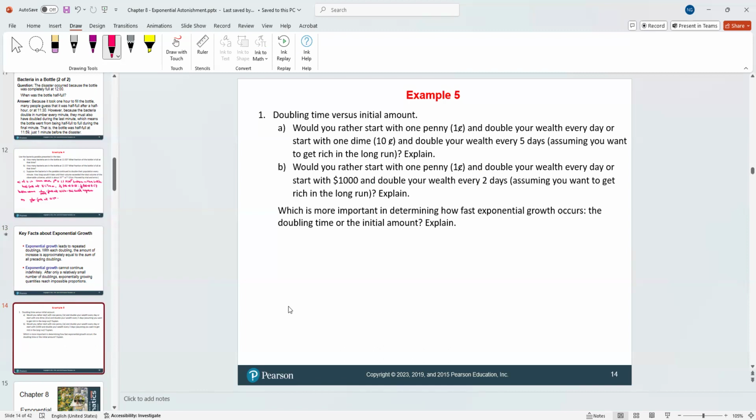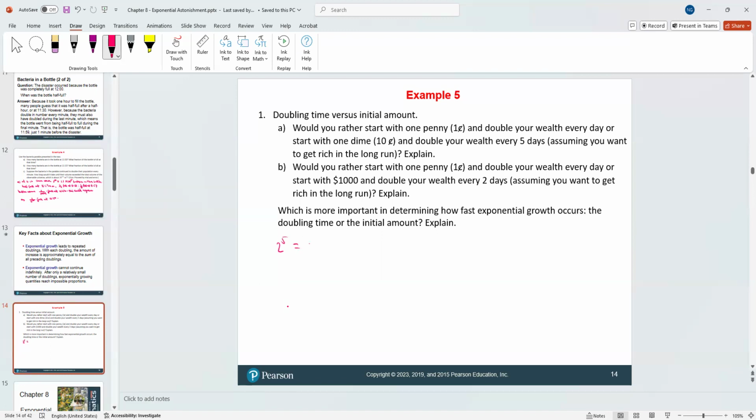Start with 1 penny and double it every day, or receive 10 cents and double it every 5 days. Which one would you prefer? You should take the penny. Remember, if you take the penny, after 5 days it would reach 2 power 5.